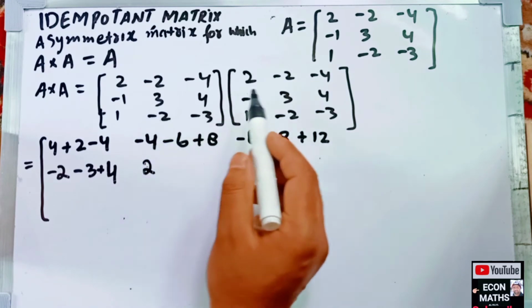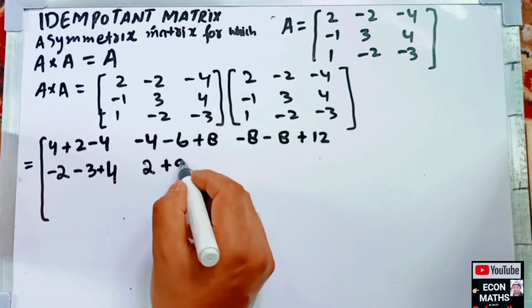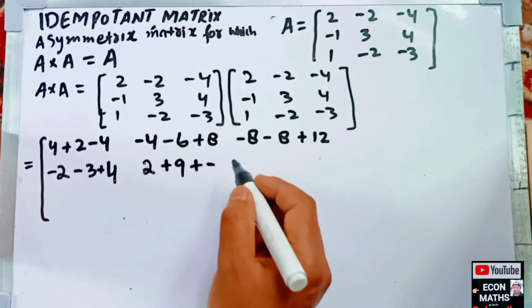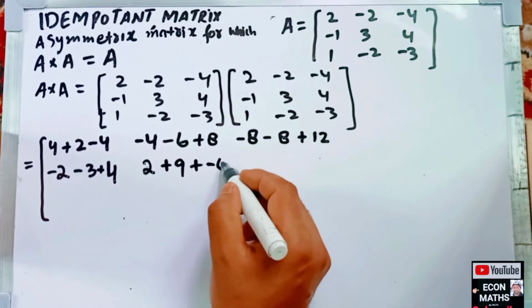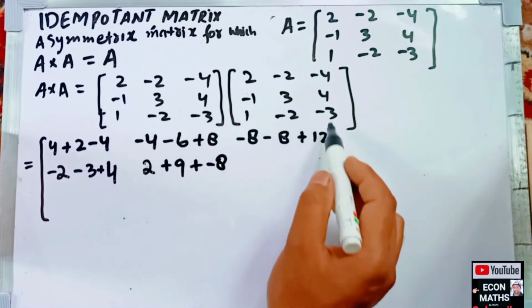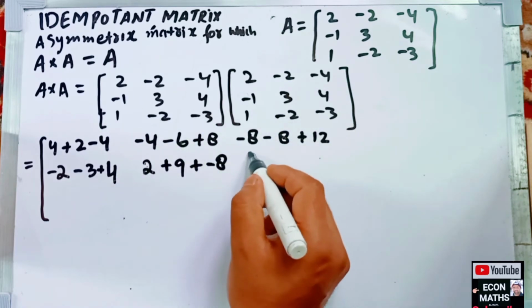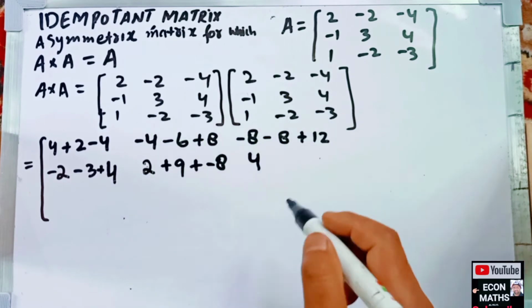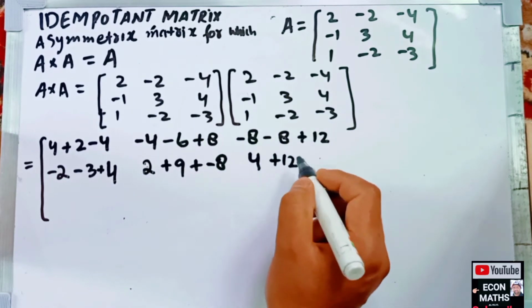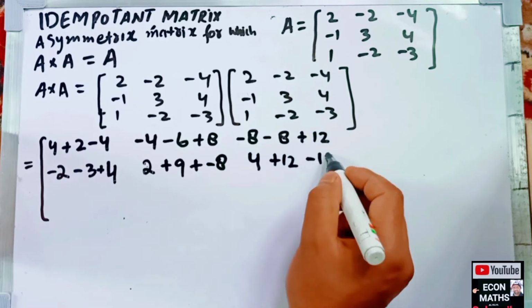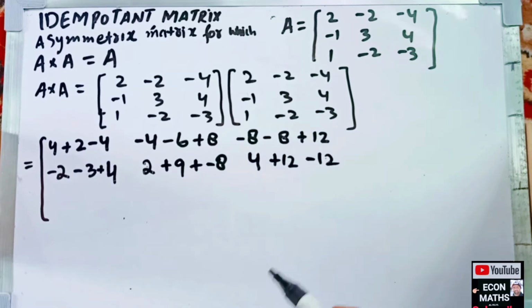Similarly 3 into 3, that is 9. Similarly 4 into minus 2, that is minus 8. Now second row, third column, that is minus 1 into minus 4, that is 4. 3 into 4, that is 12, and 4 into minus 3, that is minus 12 here.